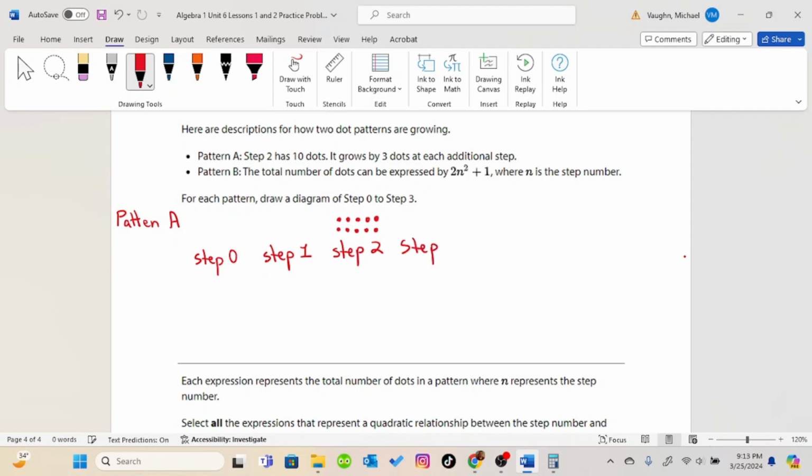And step 3, we know that we are adding 3 dots each step. So if we had 10 in step 2, we should have 13 in step 3.